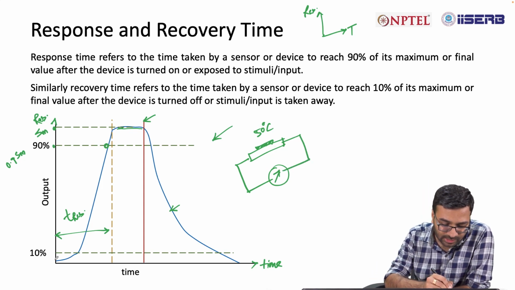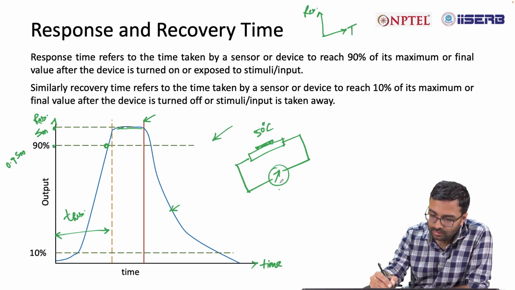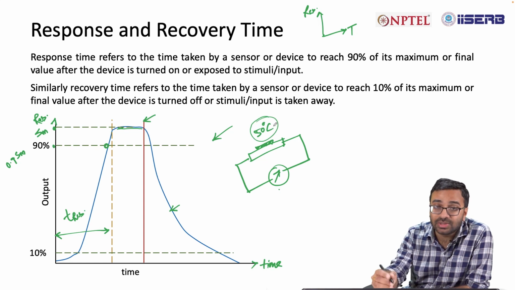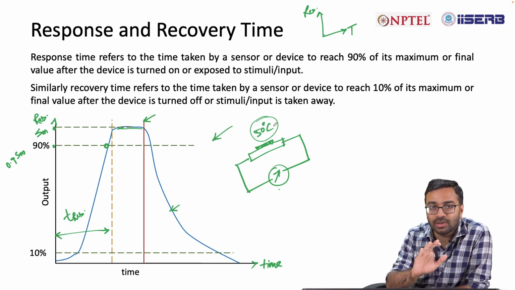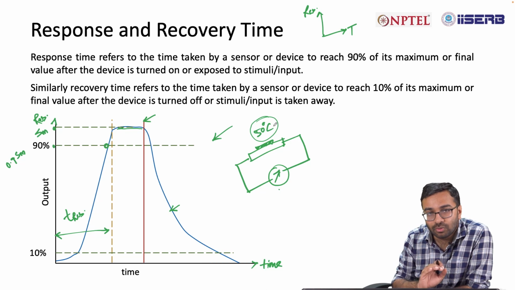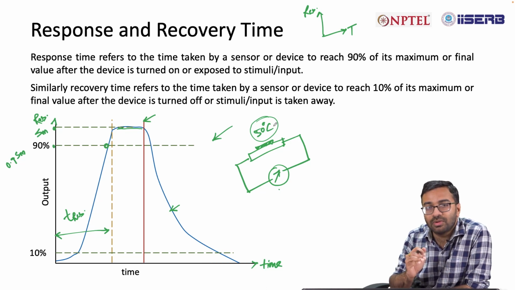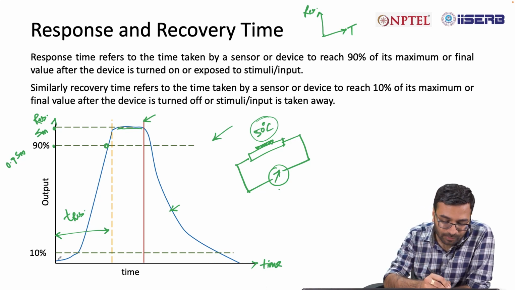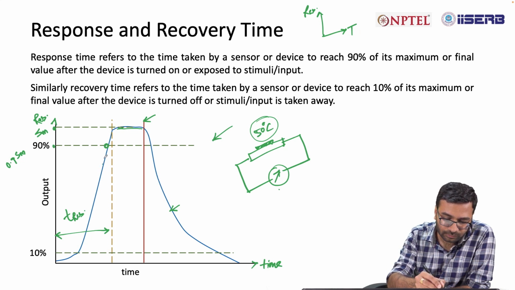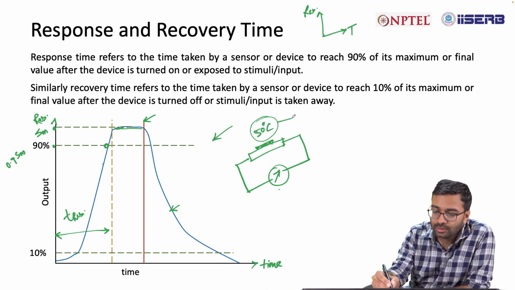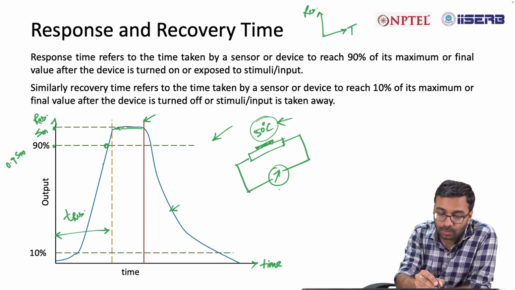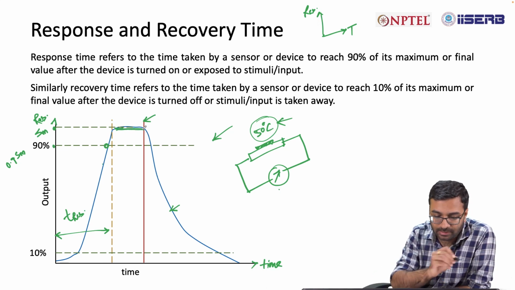You have seen that with time the sensor response is increasing, because your temperature is now 50 degrees, which is higher than room temperature. It was kept at room temperature before. Because 50 degrees is higher than room temperature, the response of the sensor increases with respect to time, and then it reaches its maximum value. Because your applied temperature is constant at 50 degree centigrade, your response also will to some extent saturate.